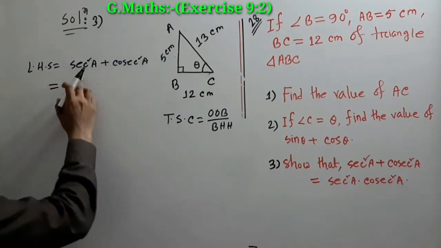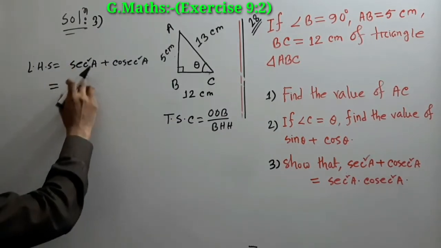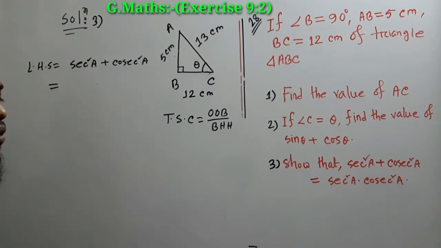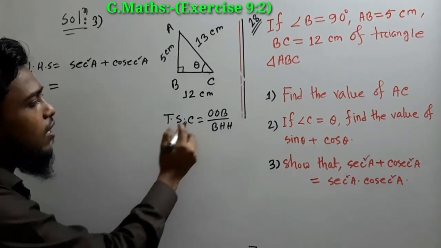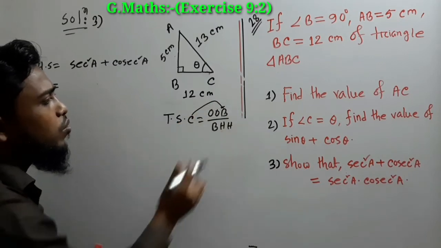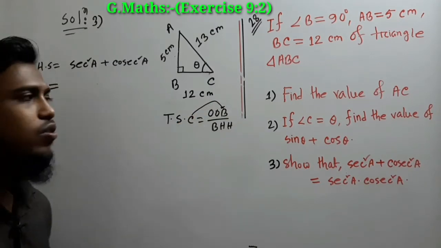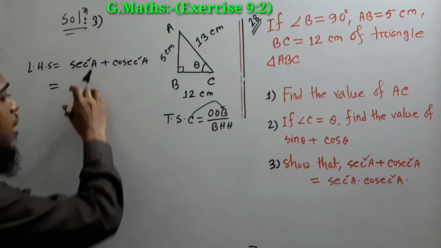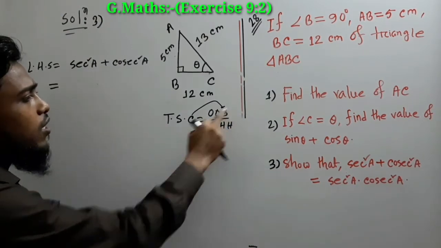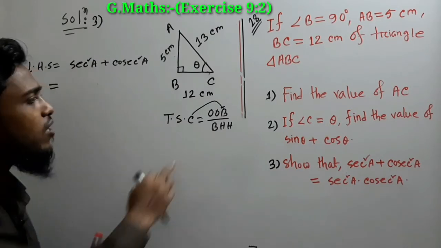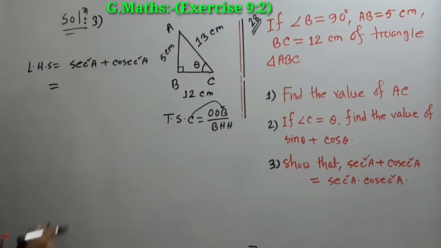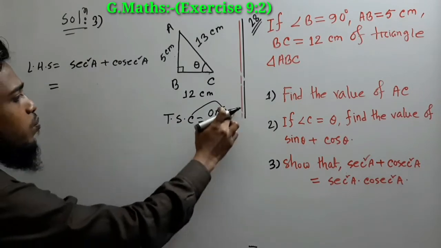Here our given information is sec A. So you have to know the ratio of cos A. Here the ratio of cos A equals base by hypotenuse. So the ratio of sec A will be hypotenuse by base, because the ratio of sec A is the inverse ratio of cos A. So we can write hypotenuse by base.